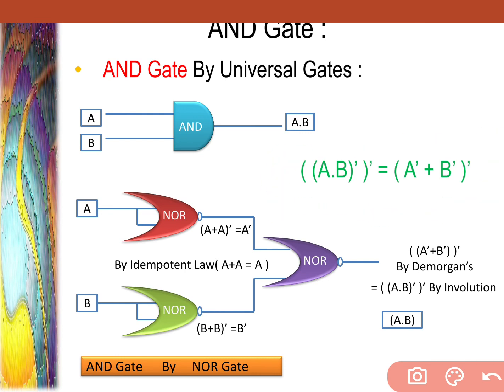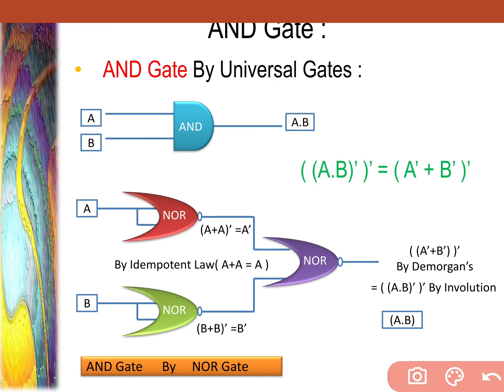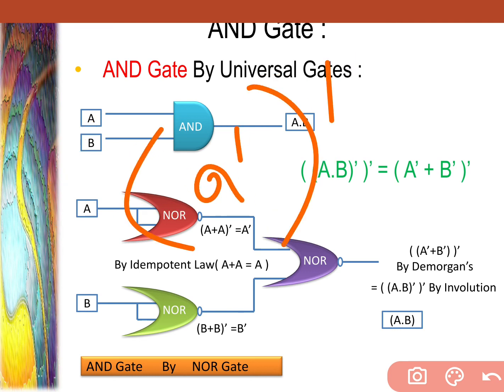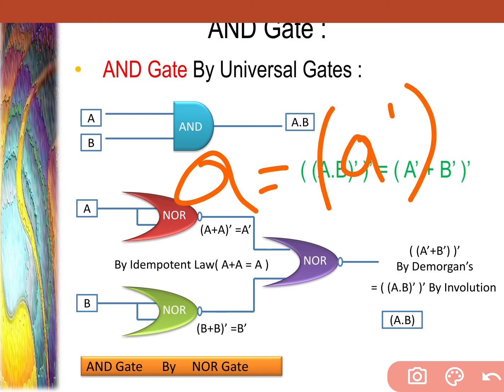Small trick. You all know dash to the power dash means we are using A dash whole dash. A dash whole dash means what? Dash dash cancelled, so we can write A is equal to A dash whole dash.